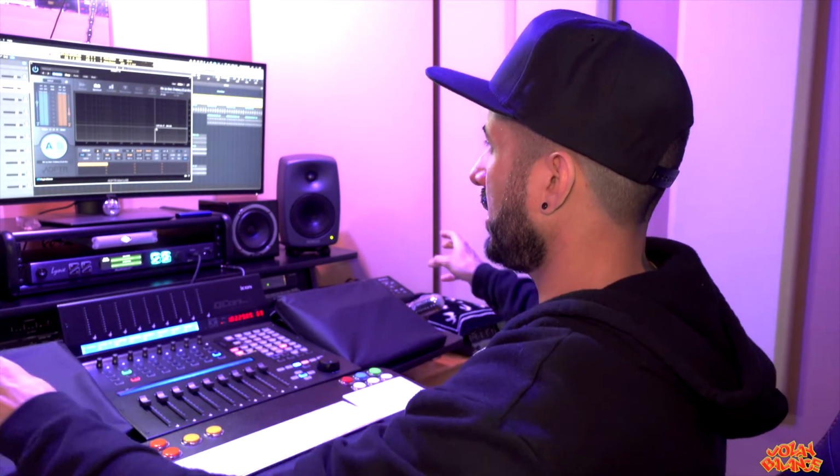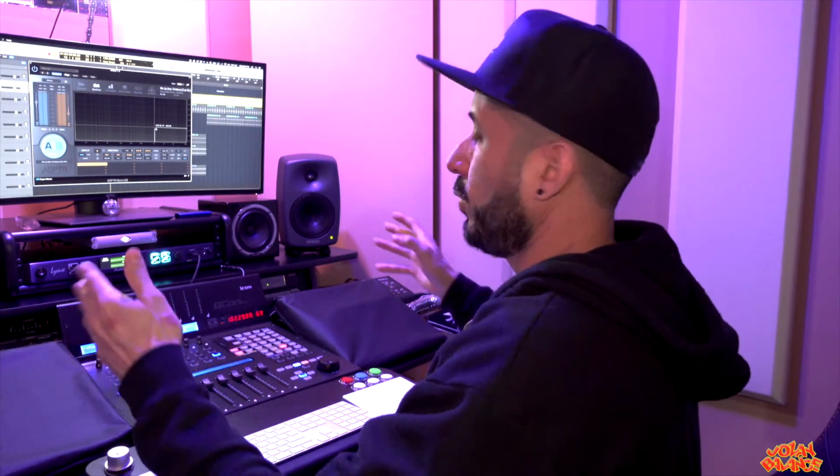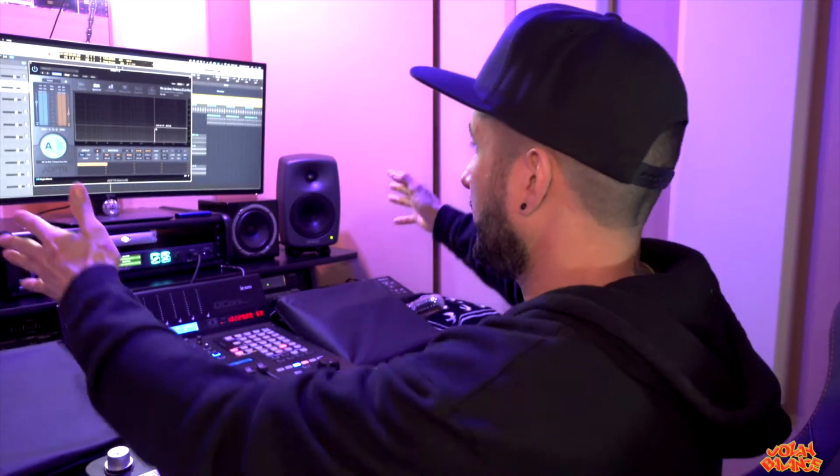So again, what is the mid and what is the side? The mid is anything that will play in mono. The middle, right? If you had just one speaker, that would be your middle. The sides are almost non-existent, if not non-existent. When you have stereo, you have sides.